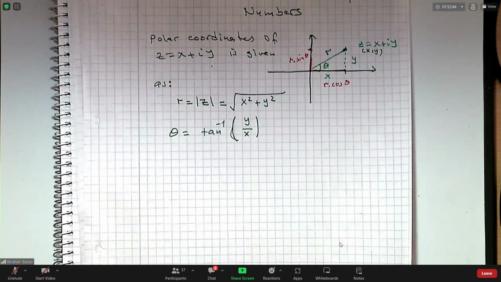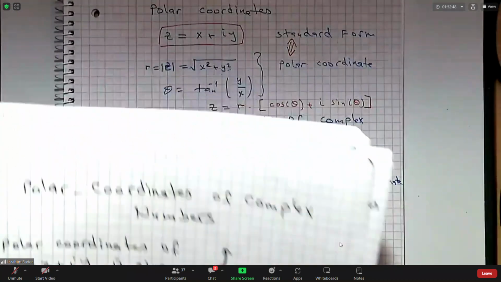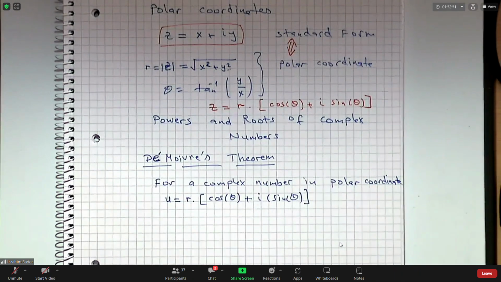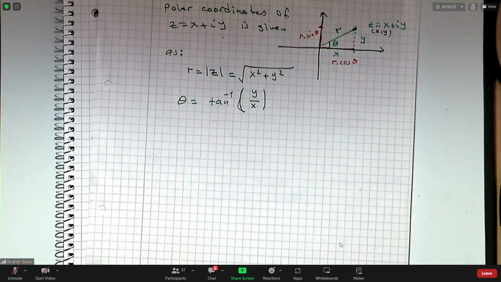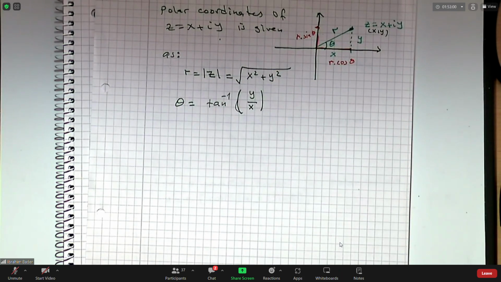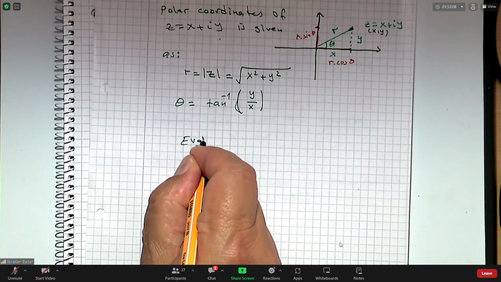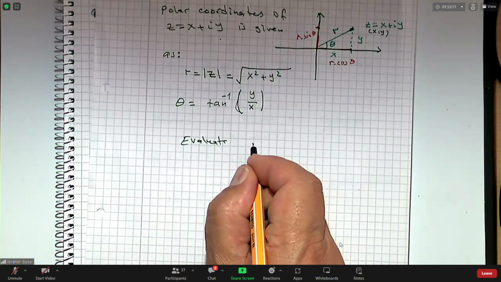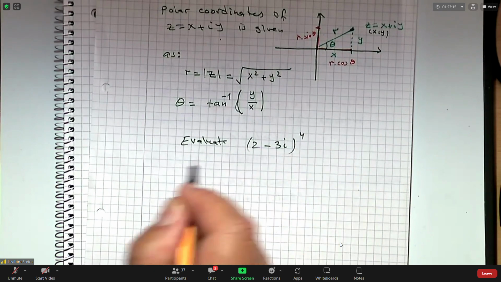So now, let's take a very simple example just to demonstrate how powerful De Moivre's rule is. If I ask you to evaluate the following: 2 minus 3i to the power 4.